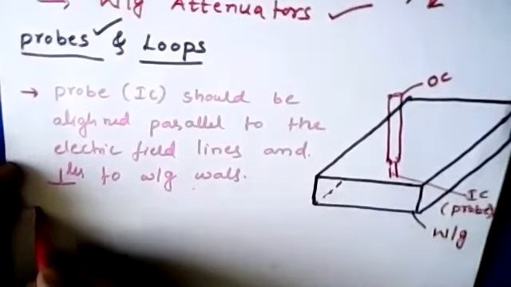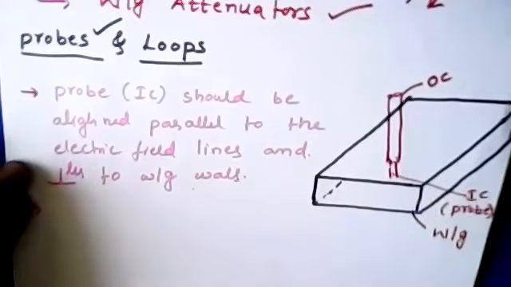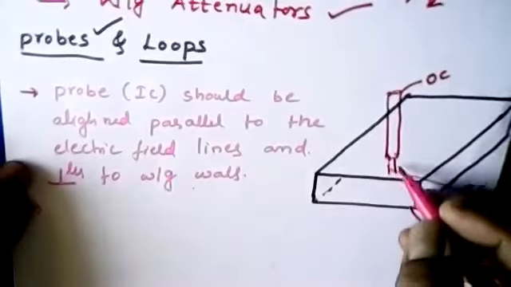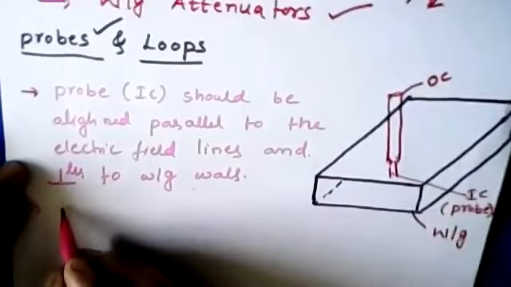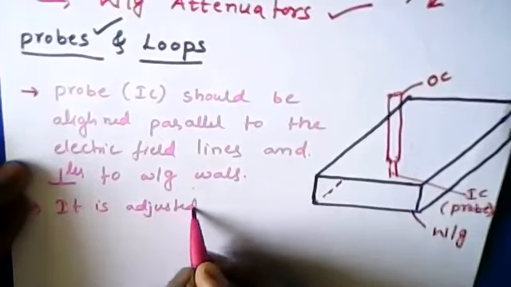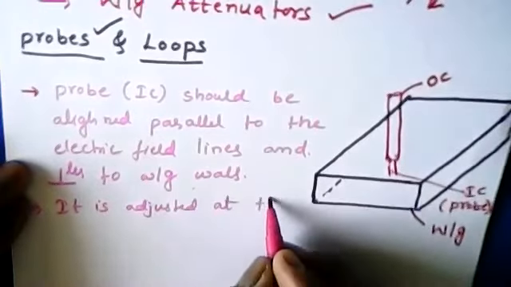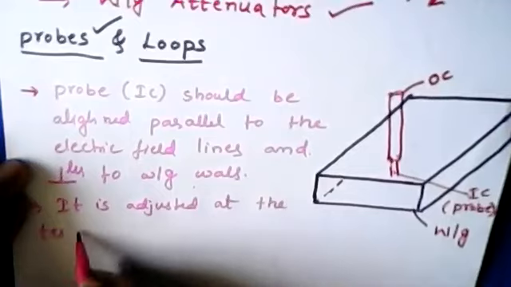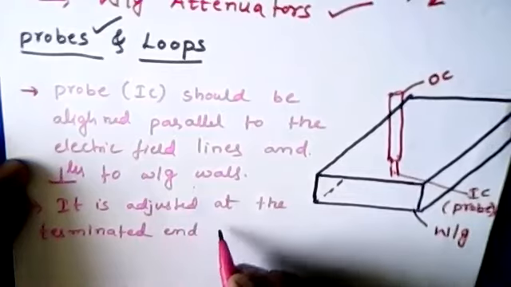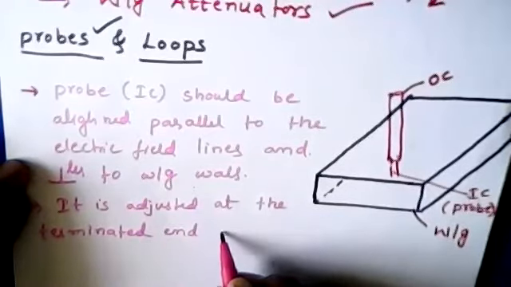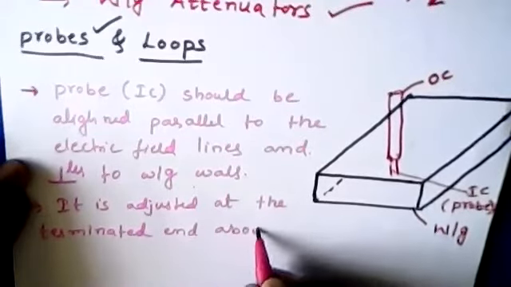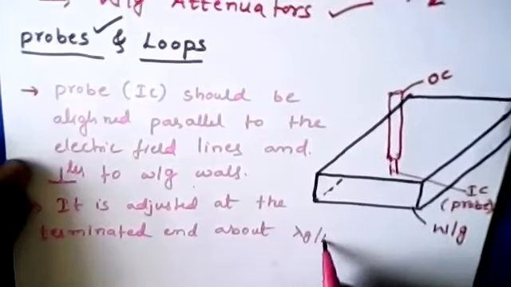Okay. Similarly, in the other case, where it has to be transmitted from the terminating end, it is adjusted or placed at the terminating end, about lambda g by 4.